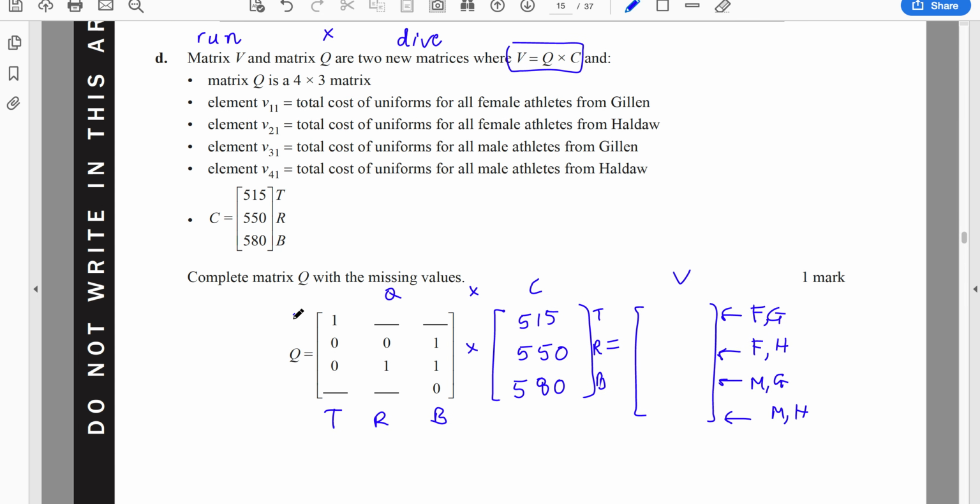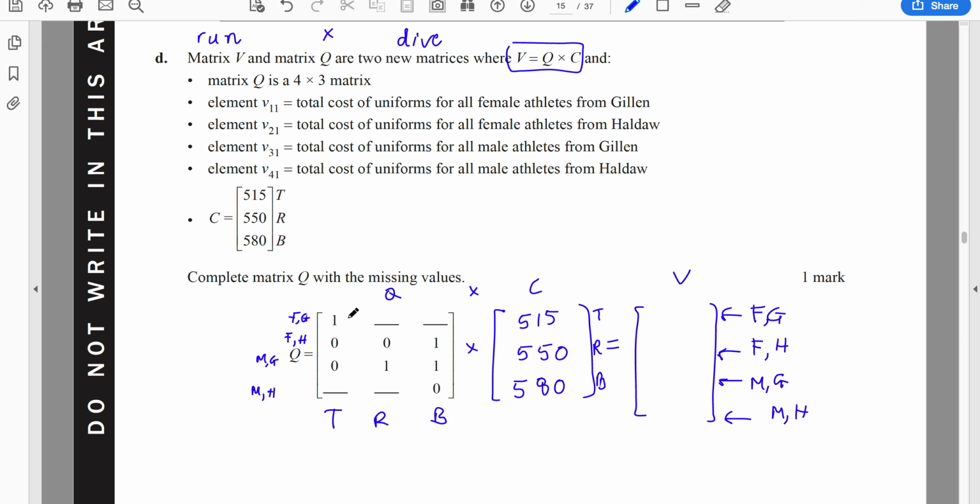This is going to be the females from Gillen. This has got to be the females from Haldor. This has got to be males, etc. Because what we want is these values to multiply by the uniform costs and obviously add together. And then those elements are going to be shown in V just over here.